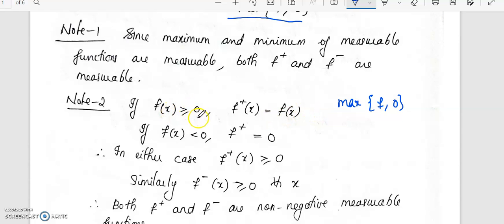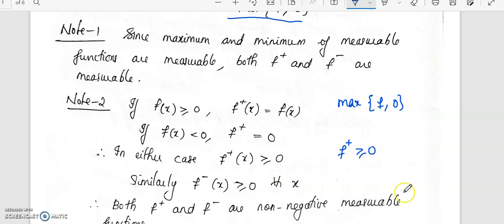So f plus will be f itself. And if f is less than 0, the maximum is going to be 0, so f plus will be equal to 0. In either case f plus is always greater than or equal to 0.